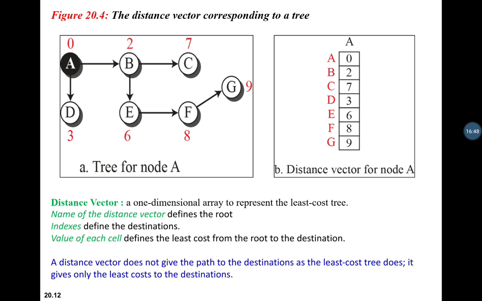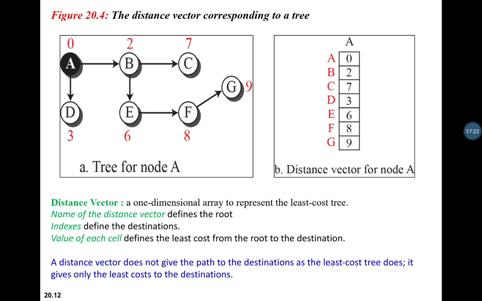Whatever we have seen as the least cost tree, the same thing is represented as a one-dimensional array using the distance vector. The name of the distance vector defines the root, which will be written above the one-dimensional array. Indexes, which will be written inside, define the destinations, and the contents inside that array, the value, define the least cost from the root to the destination.